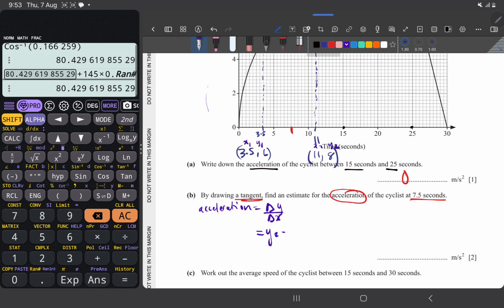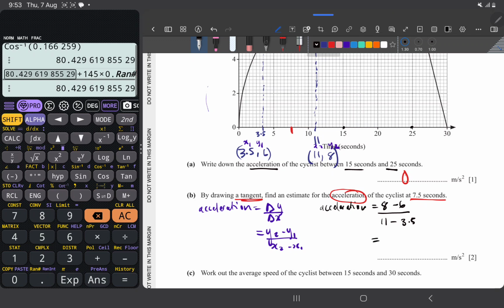But now for change, it will be y2 minus y1 over x2 minus x1. And what is this going to be? Acceleration is equal to, for here, it will be what? y2 is 8 minus y1, 6, over x2, 11, minus x1, 3.5.